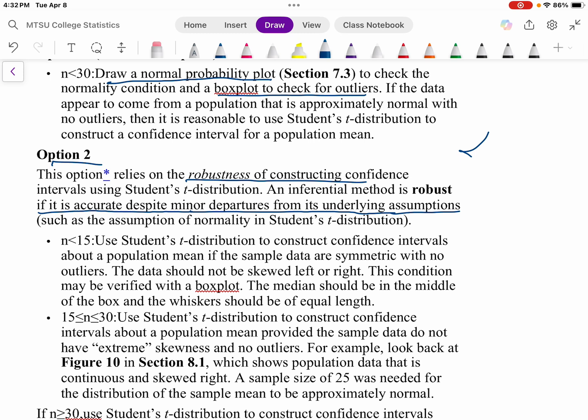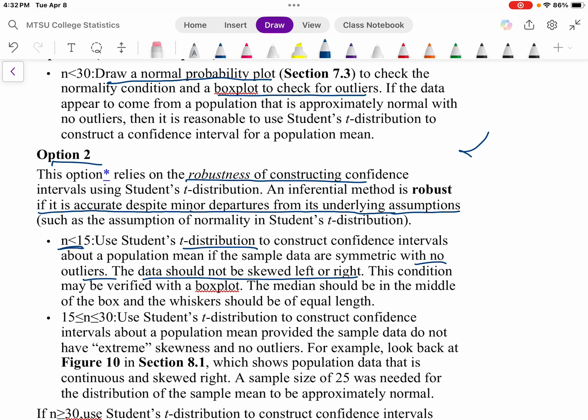So if our sample size is less than 15, then we can go through and construct our t distribution confidence interval. We can go ahead and do this if there are no outliers and the data should not be skewed left or right. And so we'd have to verify that with a box plot.